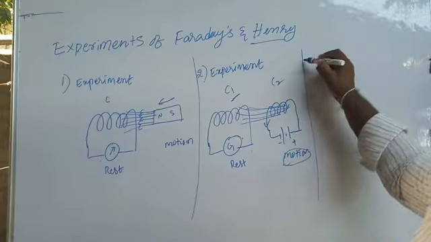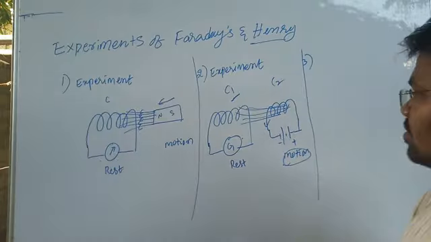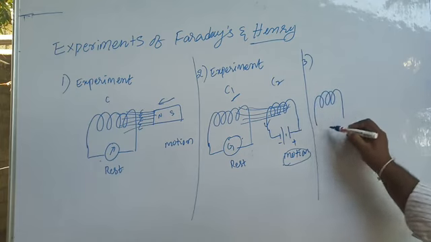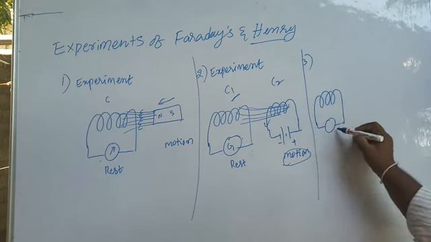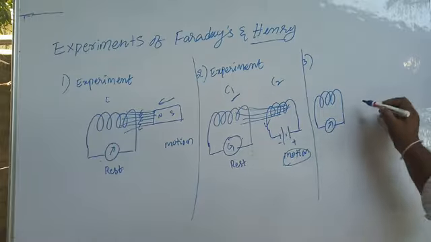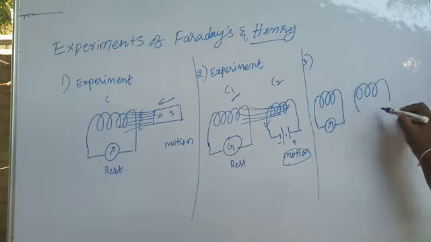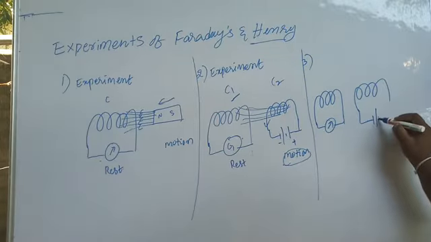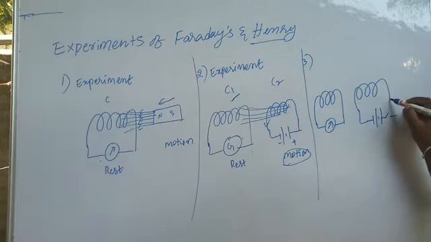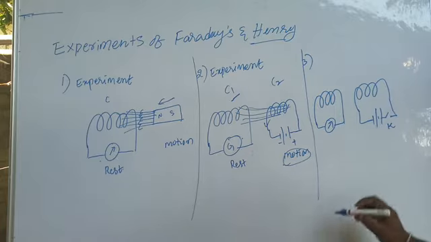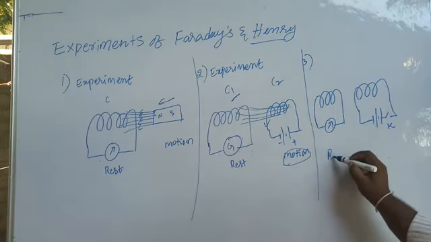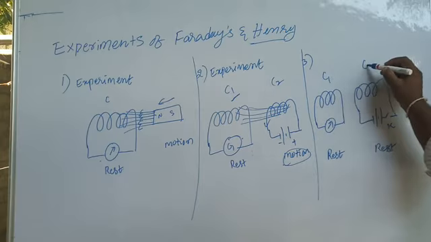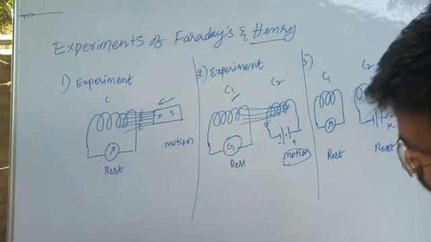And the third experiment, same, consider coil 1 and coil 2. This is coil 1 with the galvanometer, and coil 2 with the battery, and consider a key. So both are at rest.